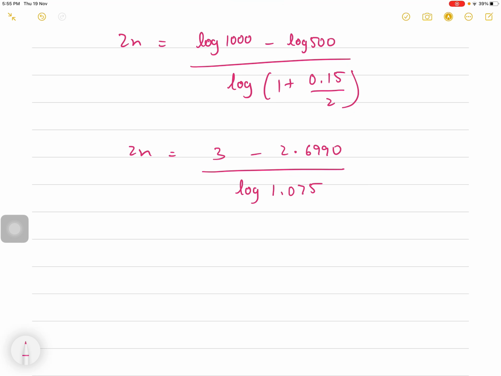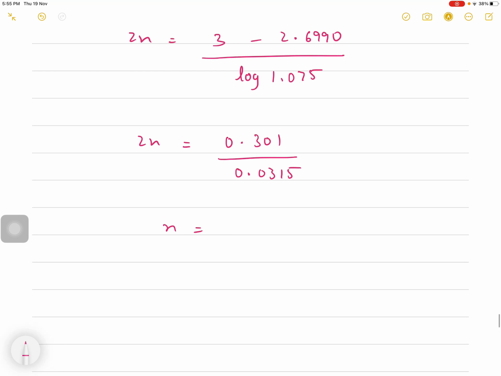When you calculate log 1.075, it comes to 0.0315. So 2n is equal to 0.301 divided by 0.0315.